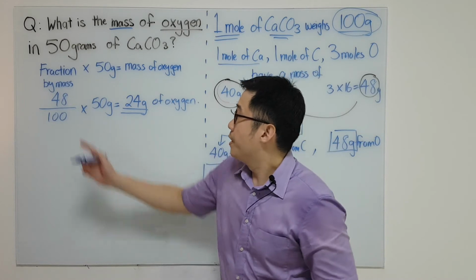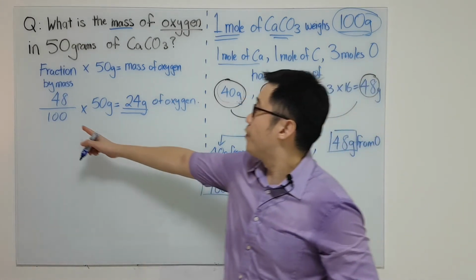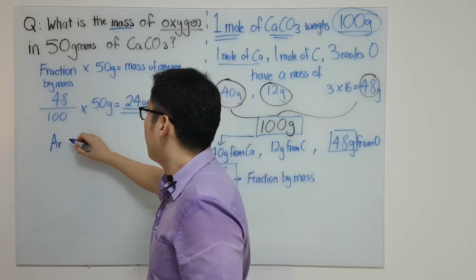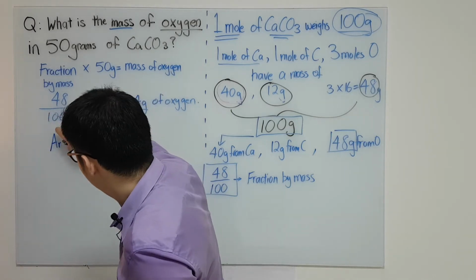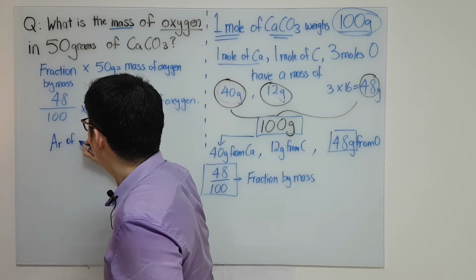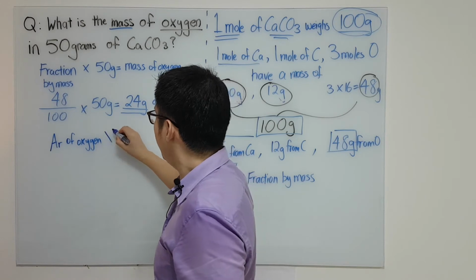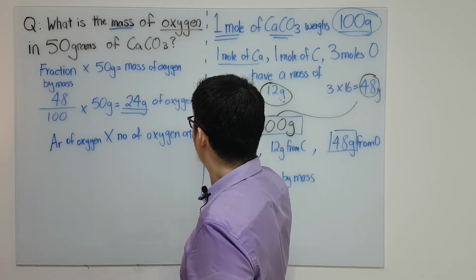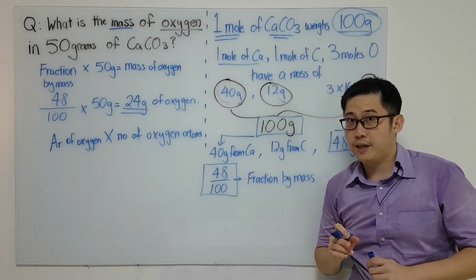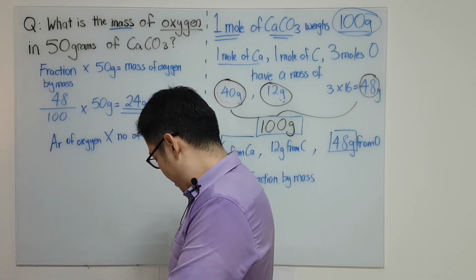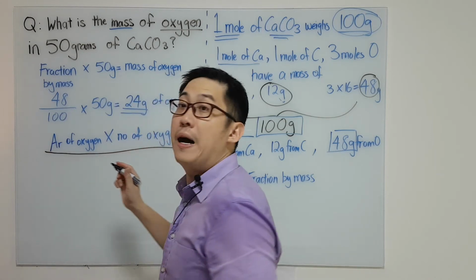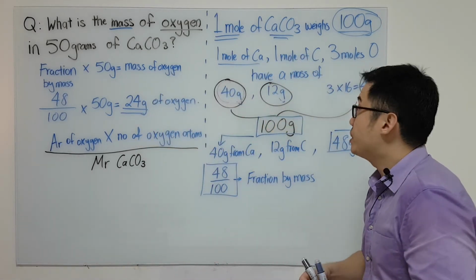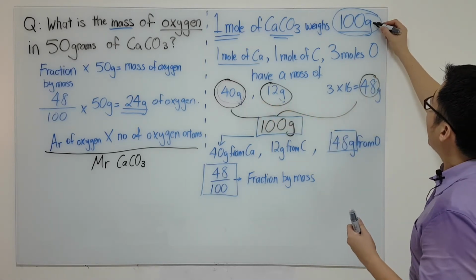Now, students, if you look with me through this explanation, you will realize that in order for me to get this fraction, what I have done was take the relative atomic mass of oxygen and multiply it by the number of oxygen atoms, in this case 3. Then I take the whole thing and divide it by the molecular mass of my calcium carbonate, which is, as we have calculated, 100.